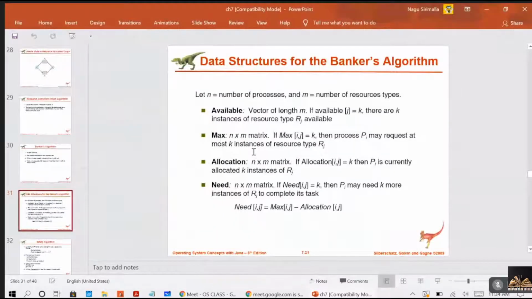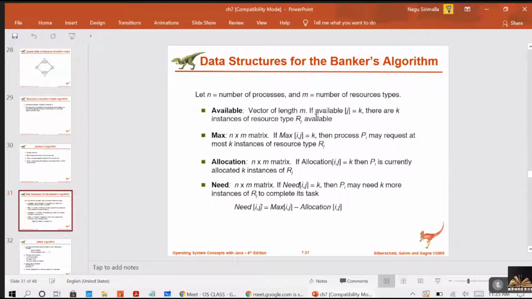Now, coming to the data structures, first is Available, right? It is a vector of length m. It indicates the number of available resources of each type.